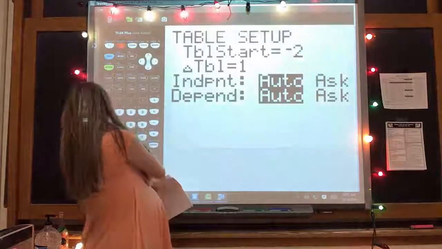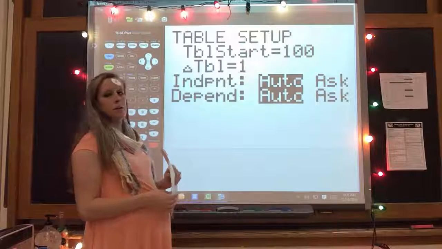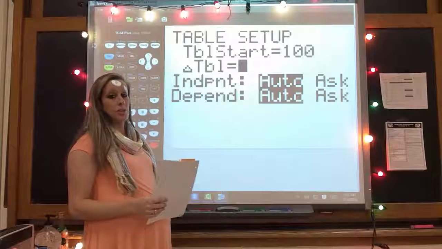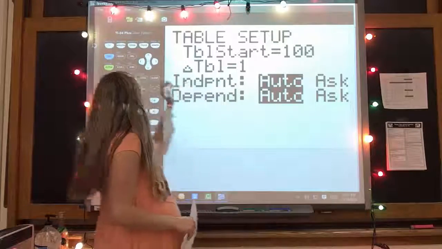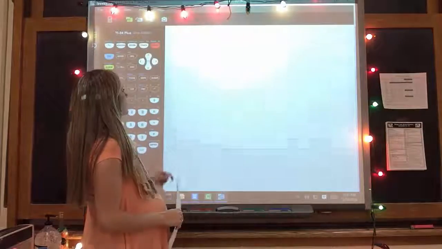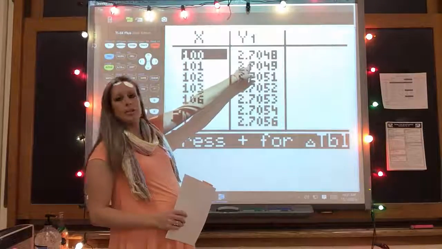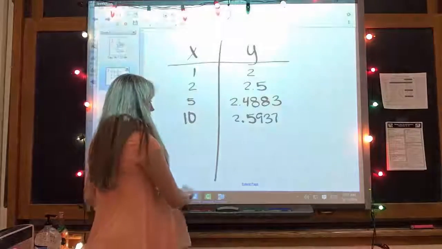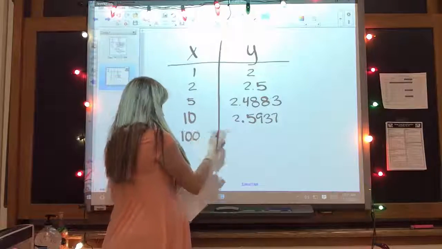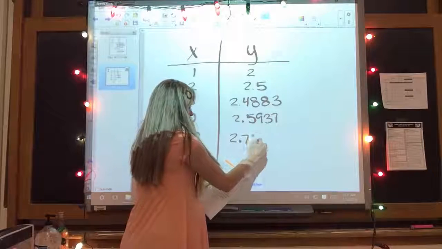So we can start our table at 100, press enter, and then you're going to go back to your table. So the table start's going to be at 100, press second graph. So when x is 100, my y is 2.7048. It'll take you straight to that point. Okay, so that's what we'll do for the rest of these, so it goes a little faster.